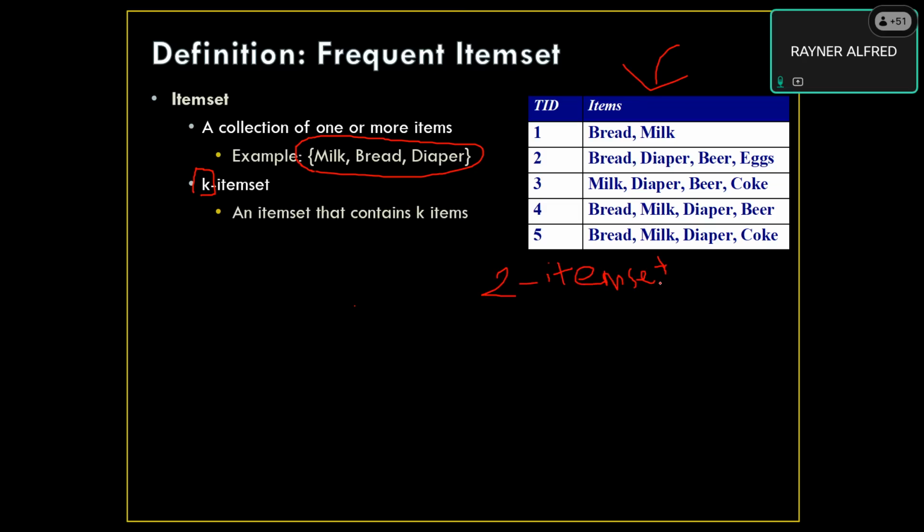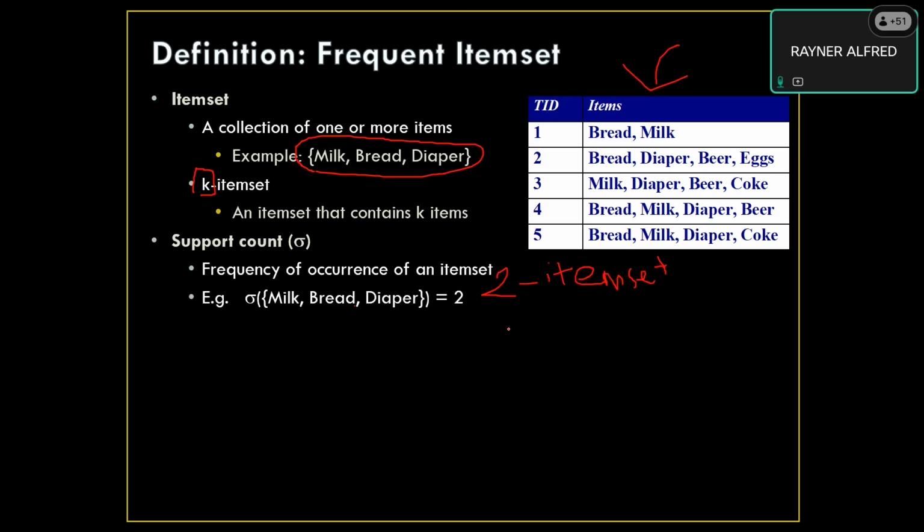Based on this definition, we can define how to count them. Support count is the frequency of occurrence of an item set. For example, this is a 3 item set because we have 3 items in this set, and we want to find the support count.